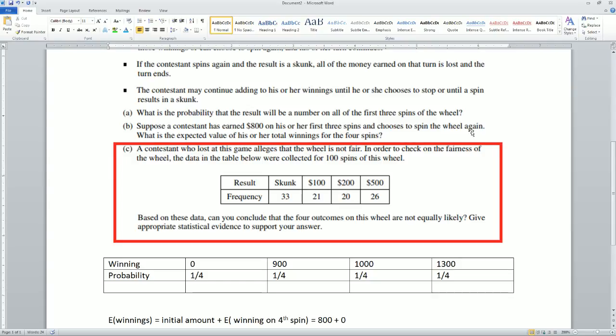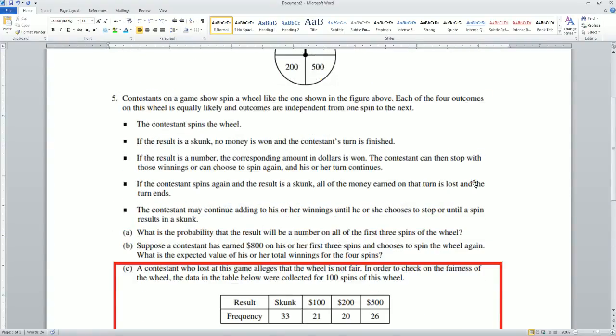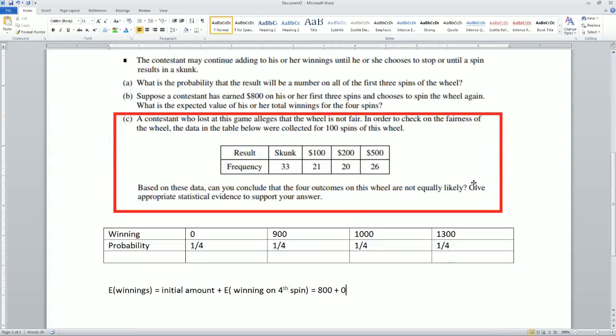I can tell because the mean and her current winning are the same. What is the winning on the fourth? So, did you understand my question? Should the player spin a fourth time?